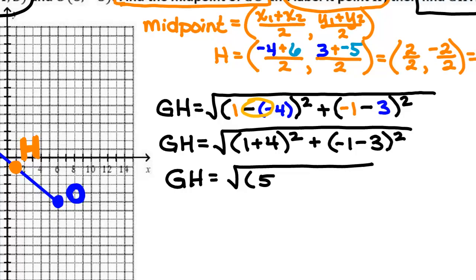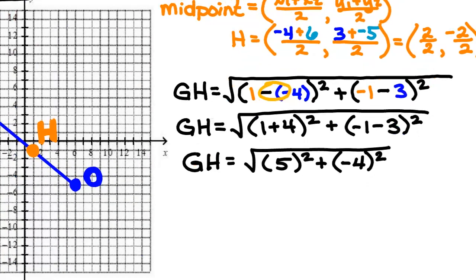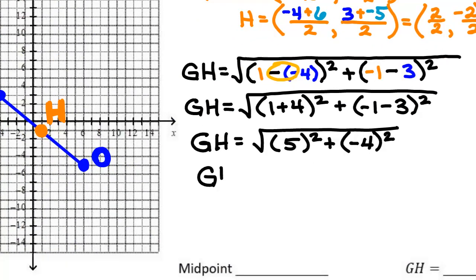So I have 5 squared plus, what is negative 1 minus 3? Negative 4 squared. When you square a number, you always get what type of number back? Always a positive.